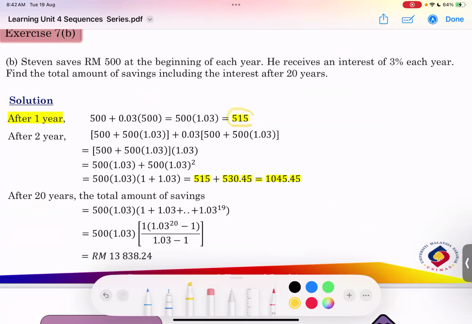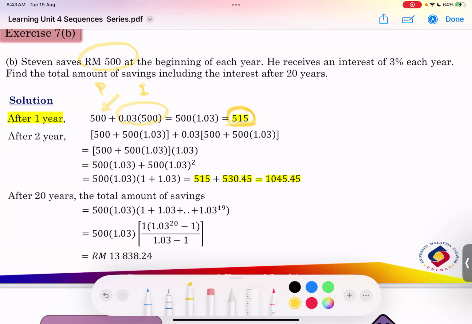This one is the amount of money that he received including his interest. Look into this one: this one is the principal. We call it principal because this is the money that you save at the beginning of the year. And then this one is the interest. So the amount that we get here is the total saving, both principal and interest.